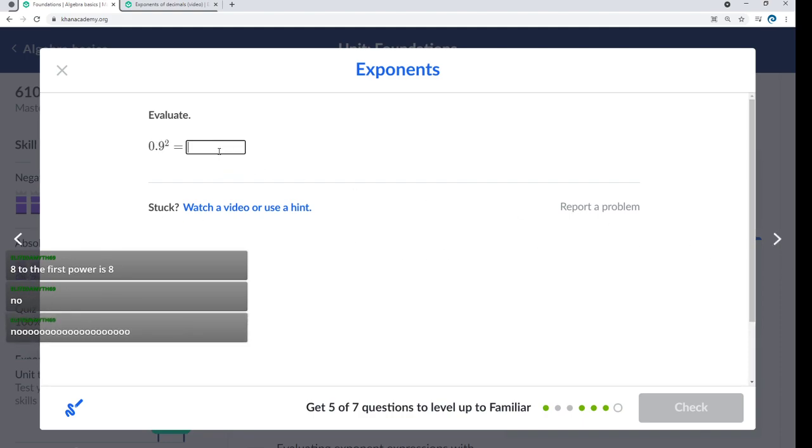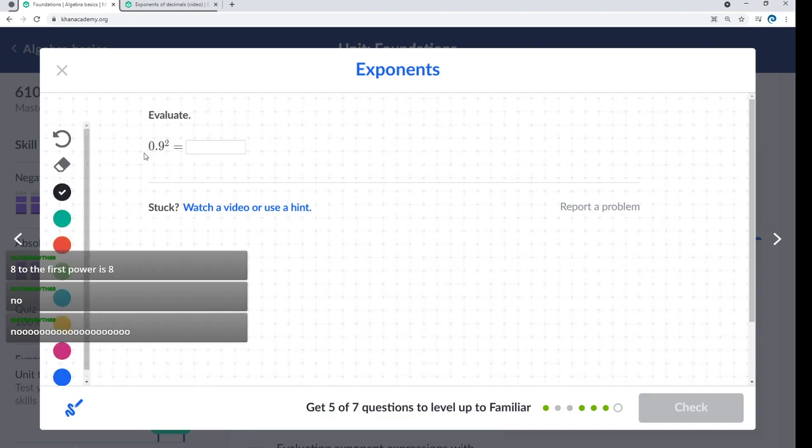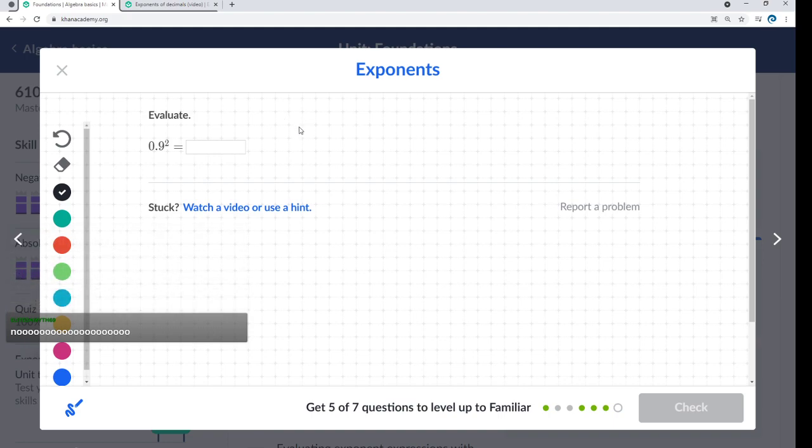Okay, here we go. More decimal mathifications over here. So this is just 0.9 times 0.9, right?